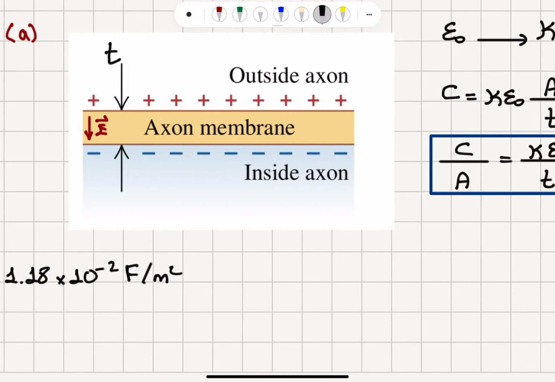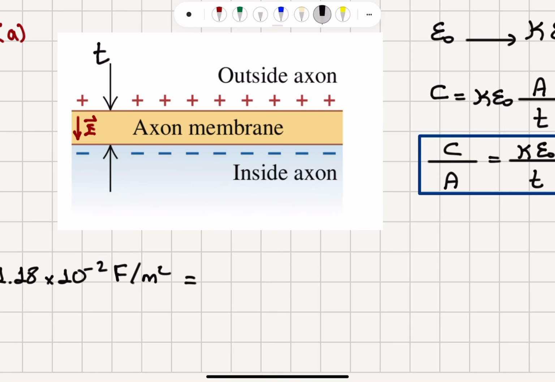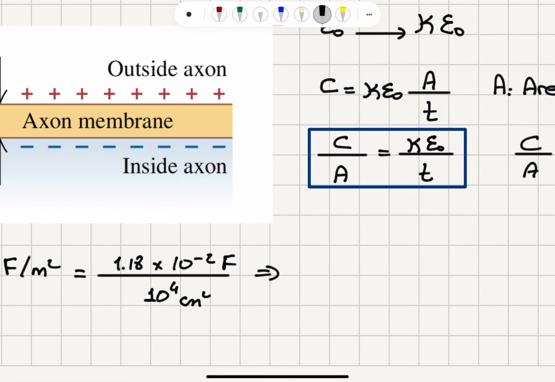So if I convert that to centimeter squared, I will have 1.18 times 10 to minus 2. 1 meter squared is 10 to 4 centimeters squared. So this will give me, for the capacitance per area, 1.18 microfarads per centimeter squared.